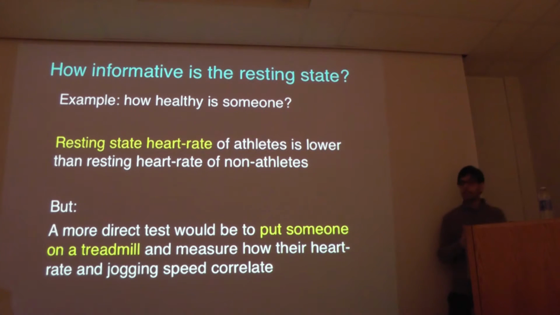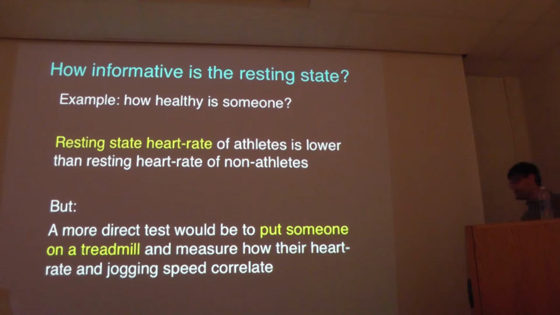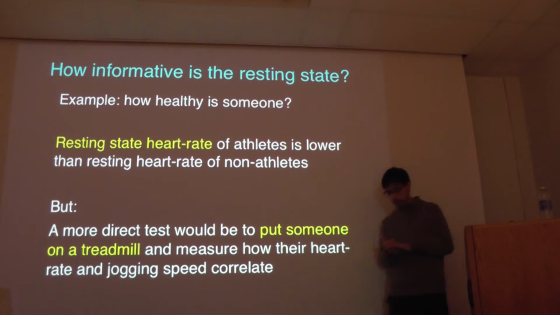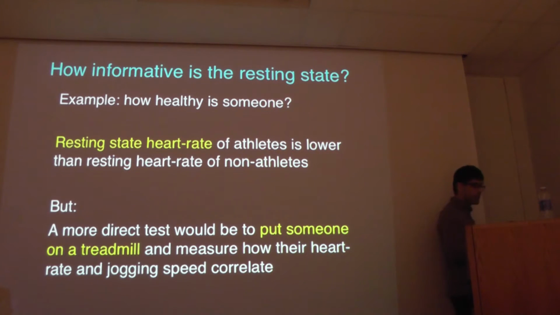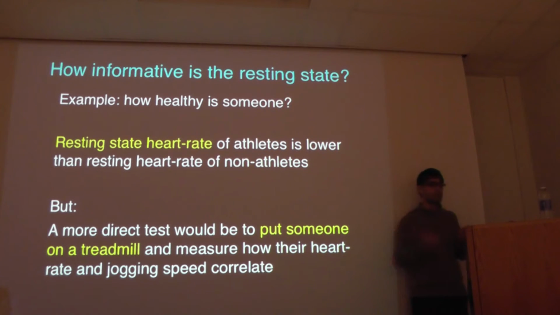Okay. So here's just a metaphor from a different area. It turns out that if you look at people's resting state heart rate, you just have them sitting there in an armchair, people who are really top athletes have lower heart rates. I guess it's because their hearts are super efficient or something.